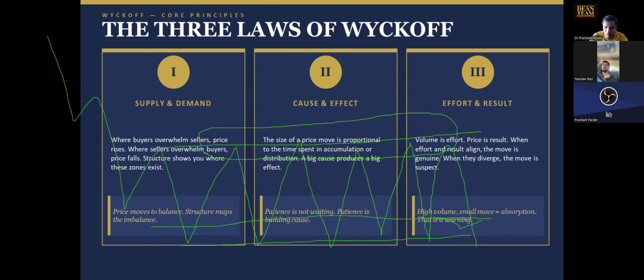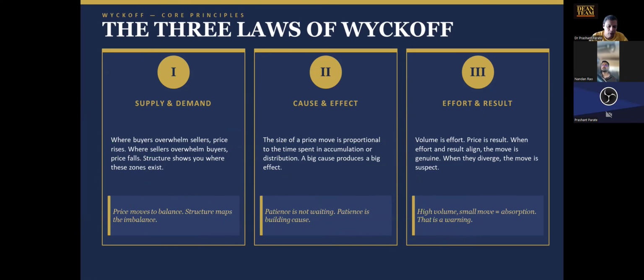So what will happen when the breakout happens? The cause built is nice. So there is a big cause built, like this is a big cause. So this is plotted like this, that it will make similar kind of up move.